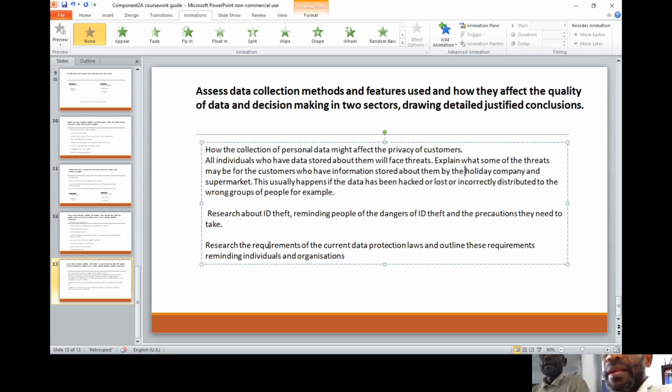And then you need to highlight identity theft, reminding people of the dangers of ID theft and the precautions they need to take. And then you need to research the requirements for the current data protection laws and outline these requirements, reminding individuals and organizations.